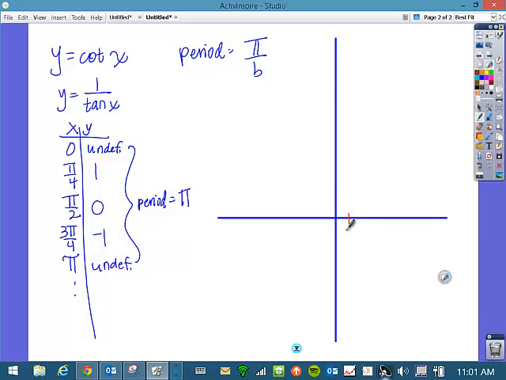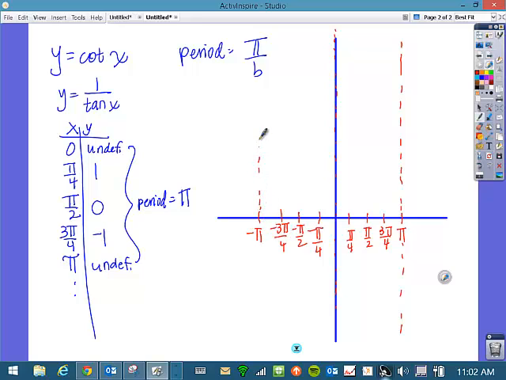All right, so tick marks at pi over 4, pi over 2, 3 pi over 4, pi. We have an asymptote at 0, where it's undefined. Zero, undefined at pi. We just go to the left, same amount, and then the asymptote at negative pi.